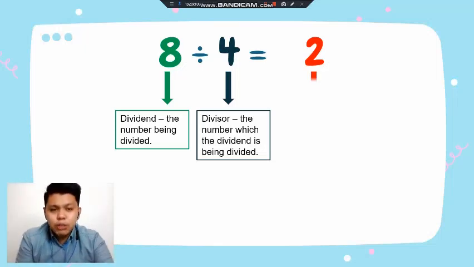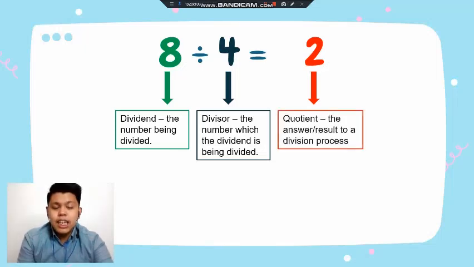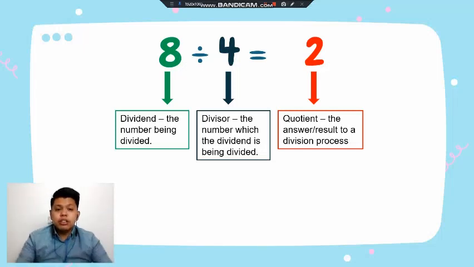Now, the next one is your answer or the result, which is called the quotient. This is the answer or result of the division process. Just like in addition, we have sum. In subtraction, we have difference. In multiplication, we have product, and for division, we have quotient.